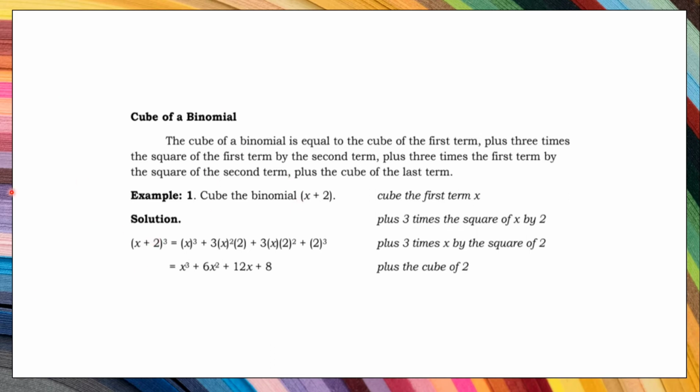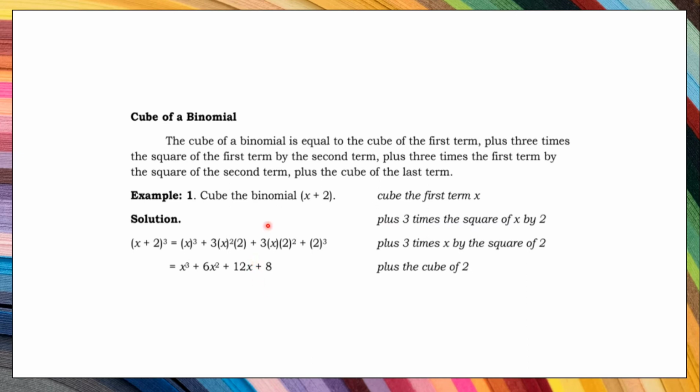So the solution will become: cube the first term x, equal to x cubed, plus 3 times the square of x by 2. So that is x squared times 2, so it will become 6x squared, because we have to multiply it by 3.